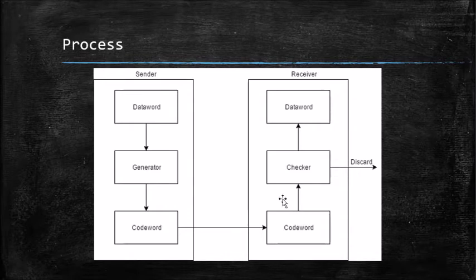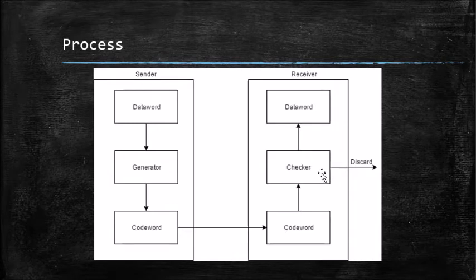During transmission, there are possibilities that the code word is being altered by a certain issue. So the code word must be checked by a checker. So how does it check using CRC? The code word will undergo the division with the check value to determine the remainder.